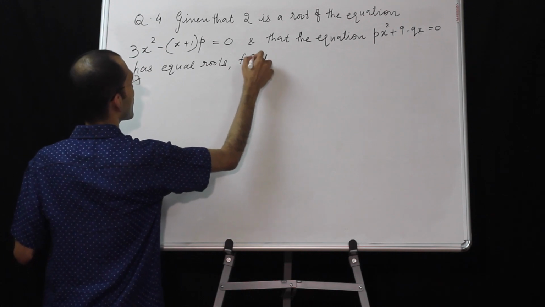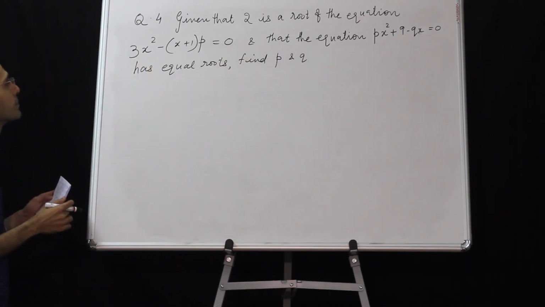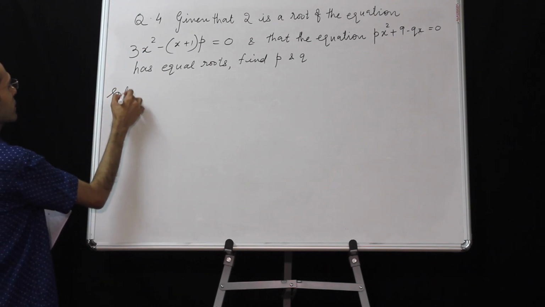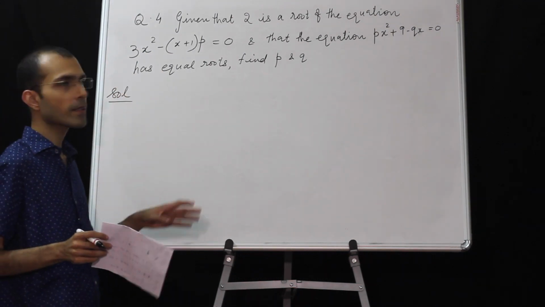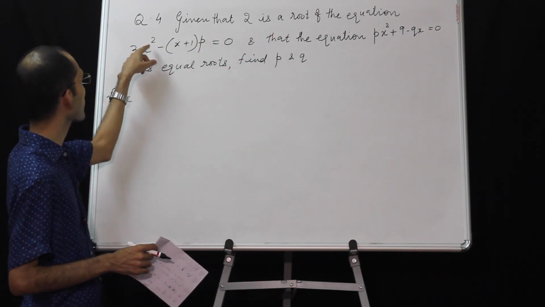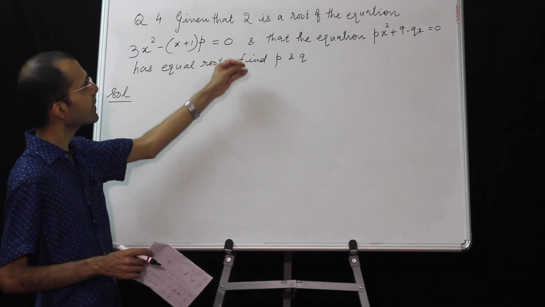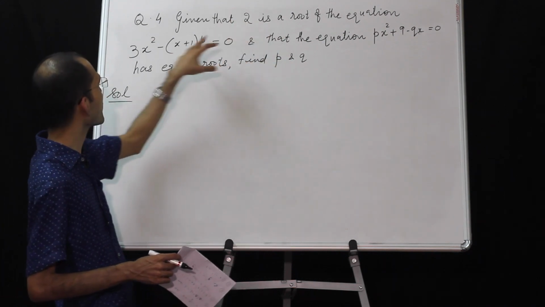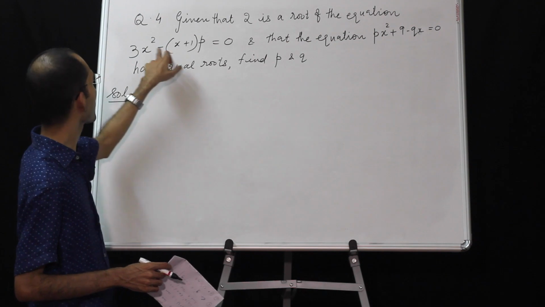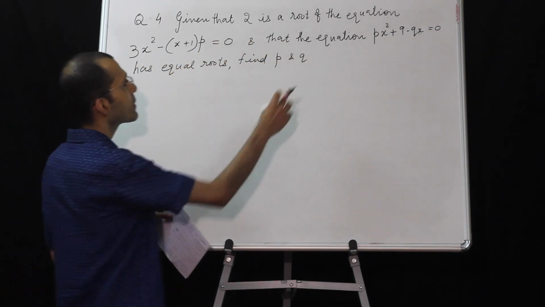Find p and q. Is the question clear? Given that 2 is the root of the equation 3x square minus x plus 1 into p equaling 0, and that some other equation has equal roots, but then this p and this p would definitely be the same, and this is qx.